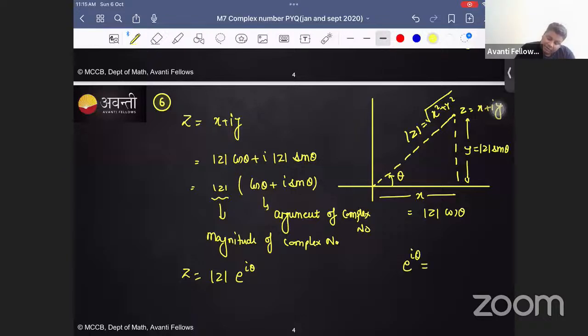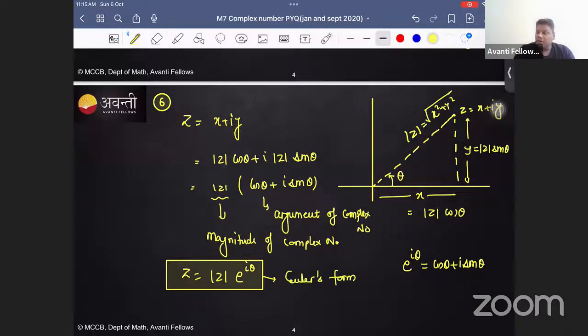This e to the power iota theta means cos theta plus iota sin theta. This is what we call Euler's form of writing a complex number. Got it?